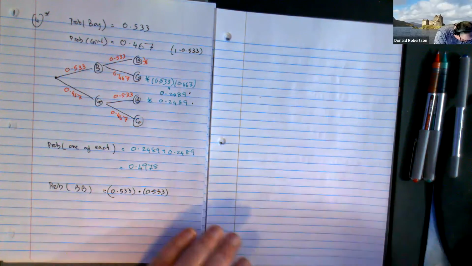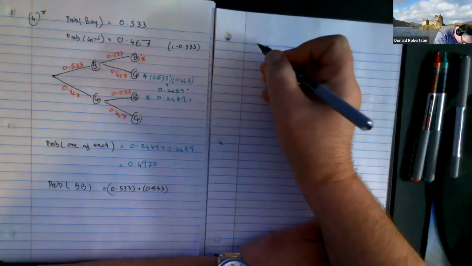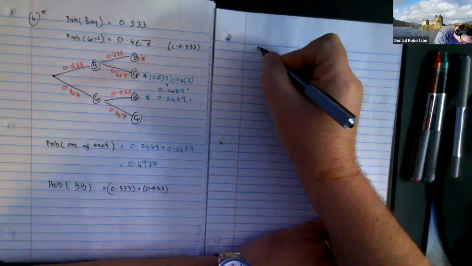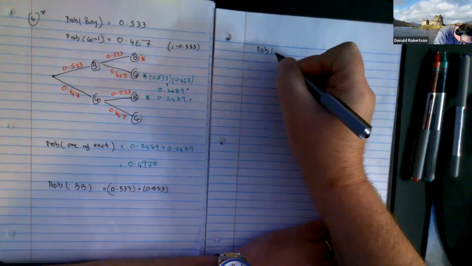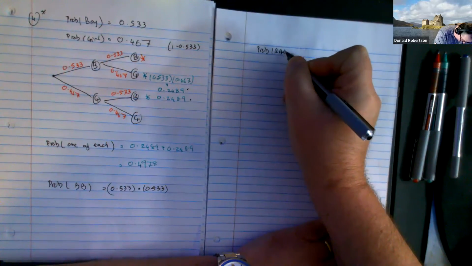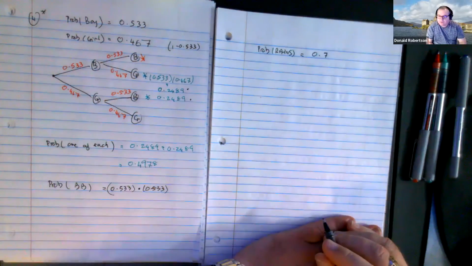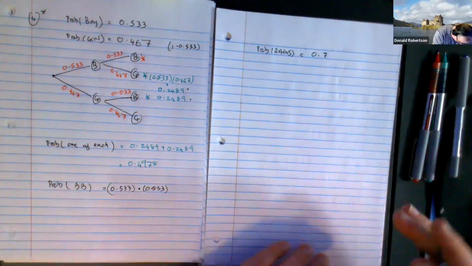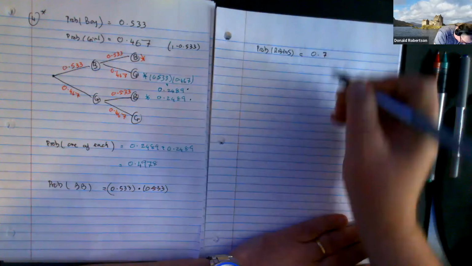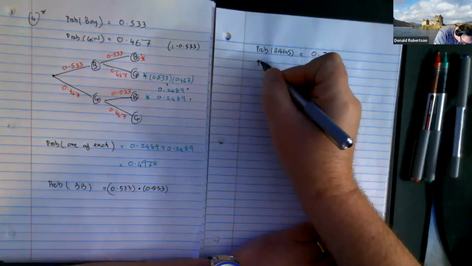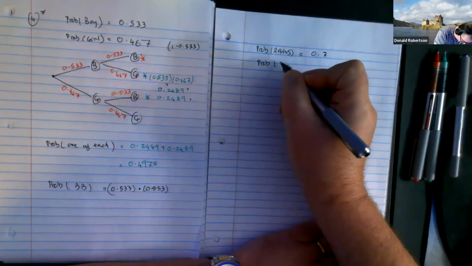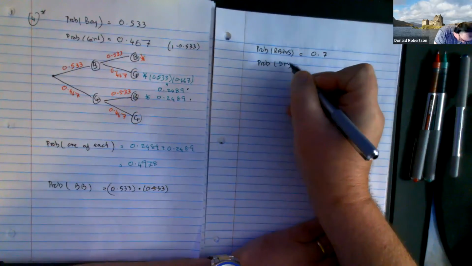Let me show you one where you don't need a tree diagram. Let's say the probability that it rains is 0.7. So we're in a place where it's really raining. So that means that the probability that it doesn't rain, which I'm going to just call dry, is 0.3, right?